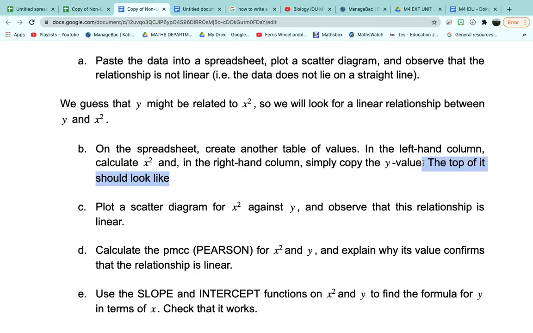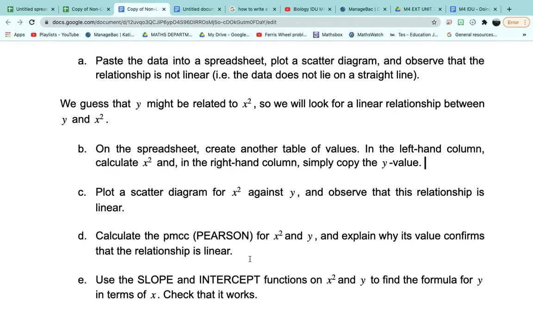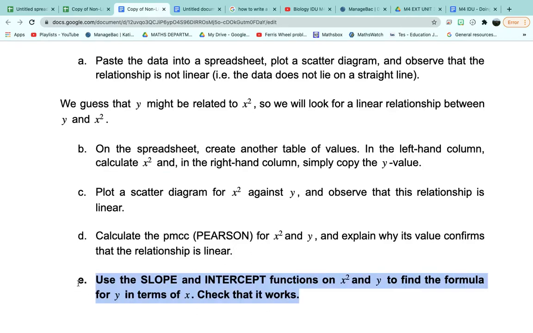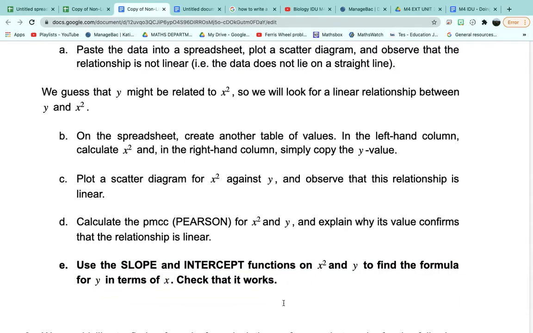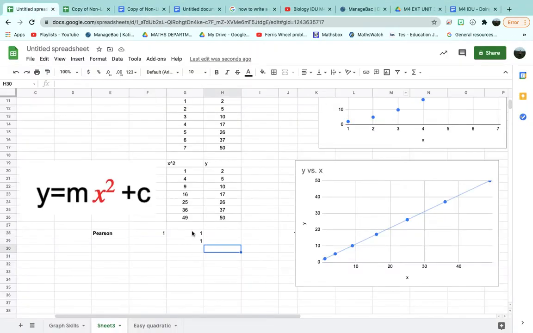Then the next step we've done is we've calculated Pearson. So we've done all these different steps, and last but not least, we want to calculate the slope and the intercept. So pause the screen now if you would like to pause it and find out more information about what we're talking about. So let's calculate the slope.